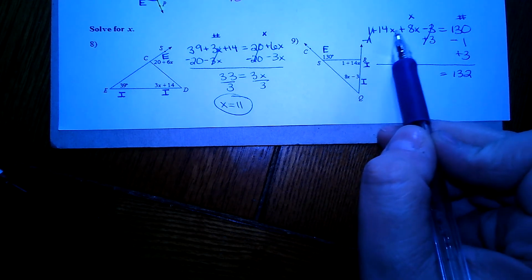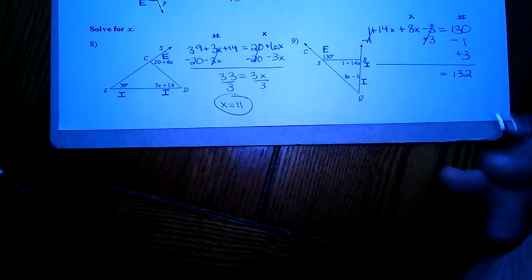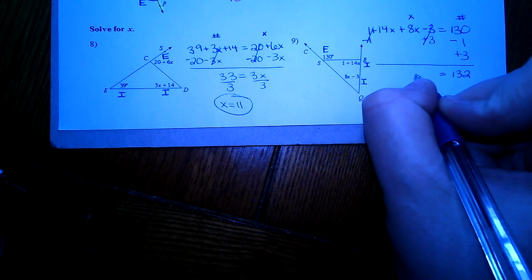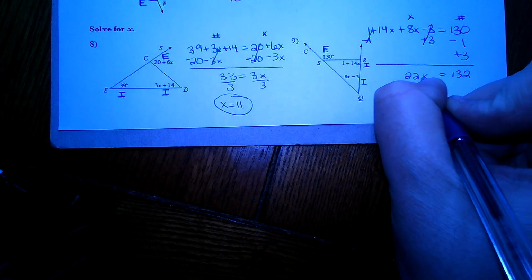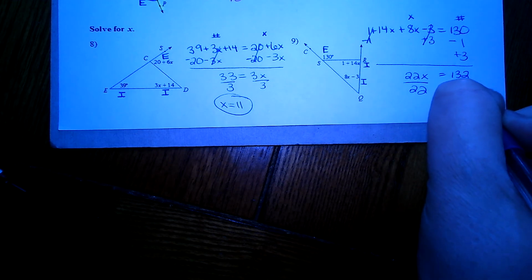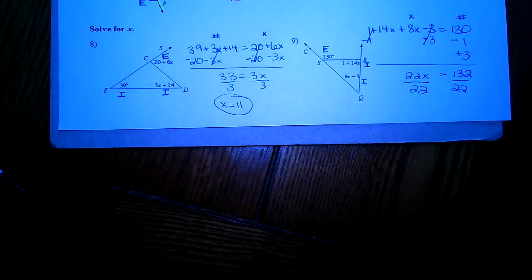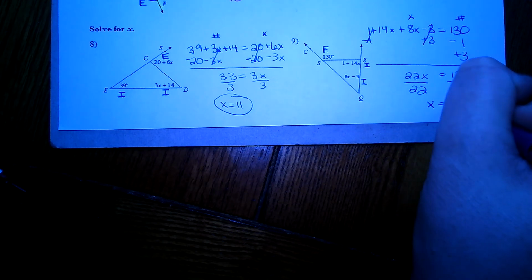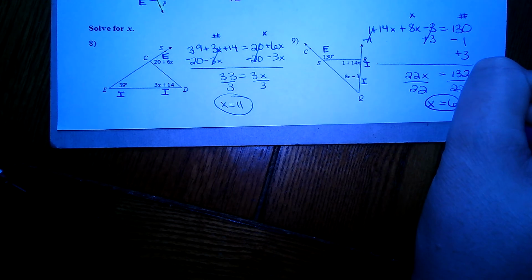On the left, all I have to do is combine 14x and 8x. 14x plus 8x is 22x. And then finally, I just divide. 132 divided by 22. And I get x equals 6.